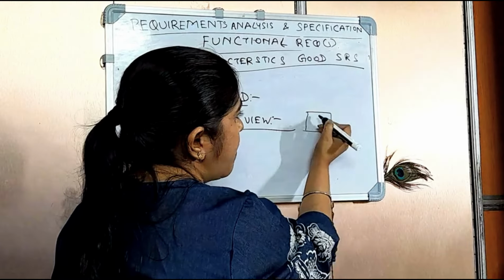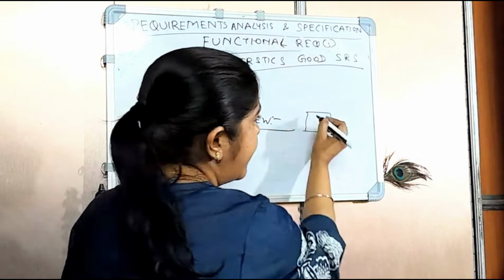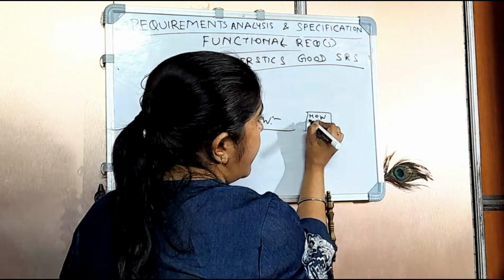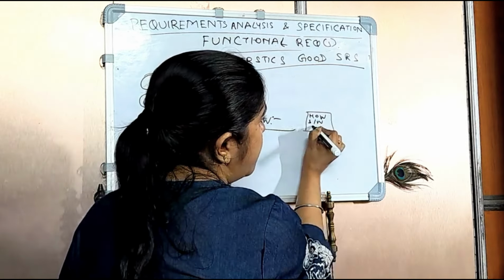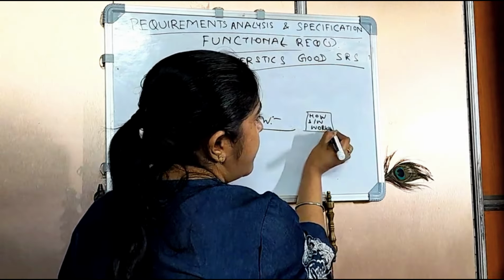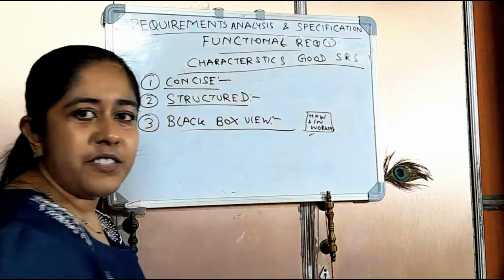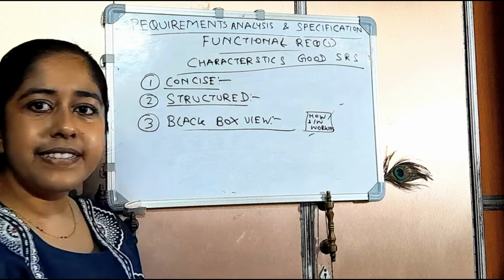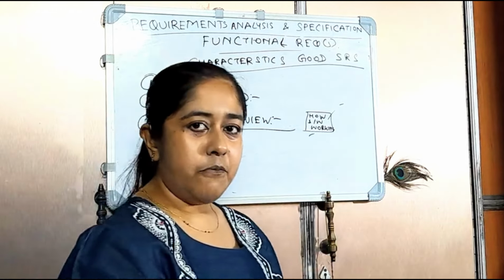Suppose this is your software, and how your software is going to work, how it is working, is what is within your box. That is your internal assessment, the internal things within your software.